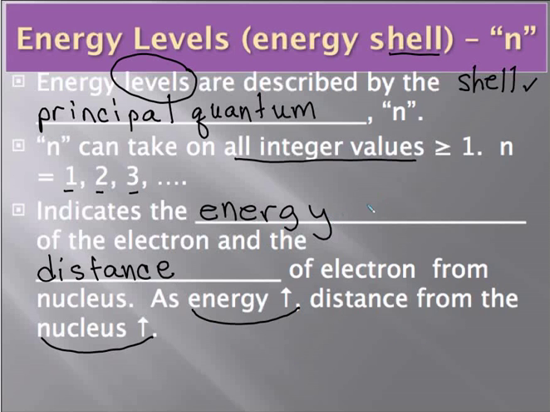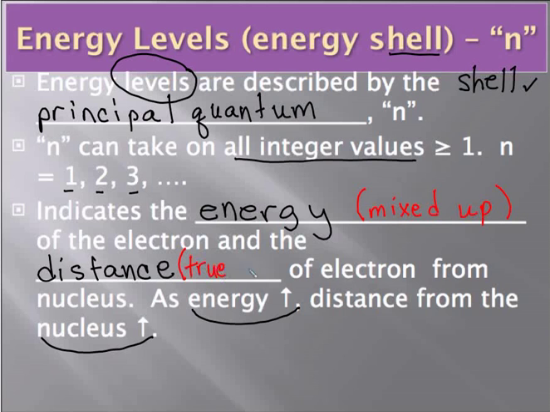Now, I do want to give you a glimpse of the future here. I'm going to be honest, in terms of n, the energy is going to get a little mixed up as we apply these models to more atoms further along in the periodic table. And fortunately, the periodic table tells us exactly how they get mixed up.